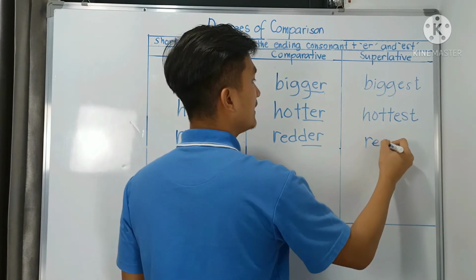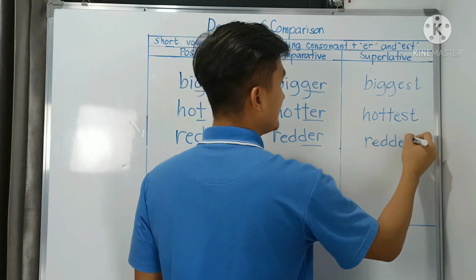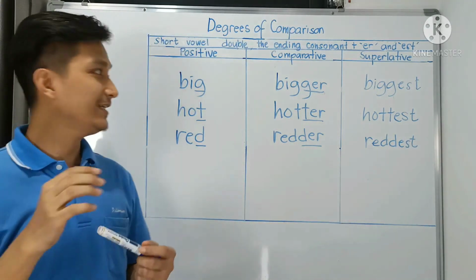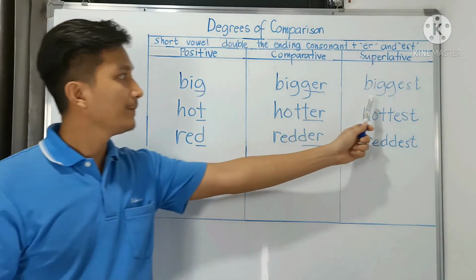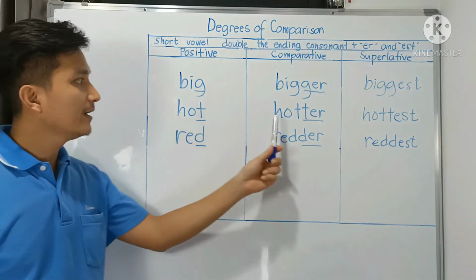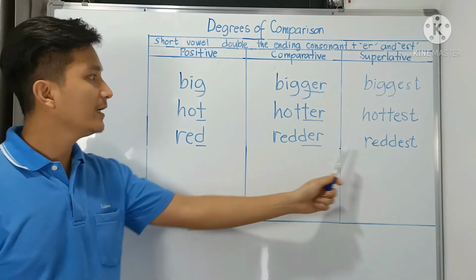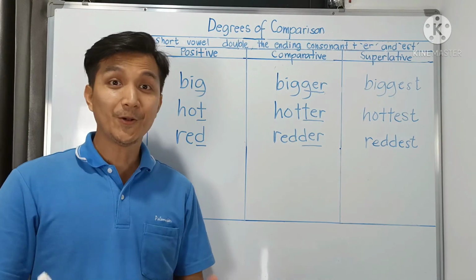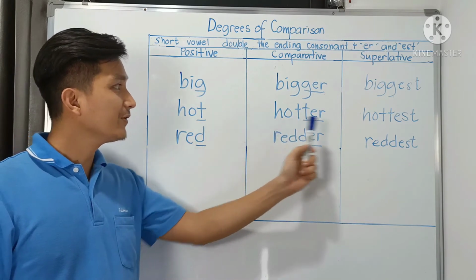Red, double the consonant, and EST. It's very easy, right? So let's read it again. Big, bigger, biggest. Hot, hotter, hottest. Red, redder, reddest.